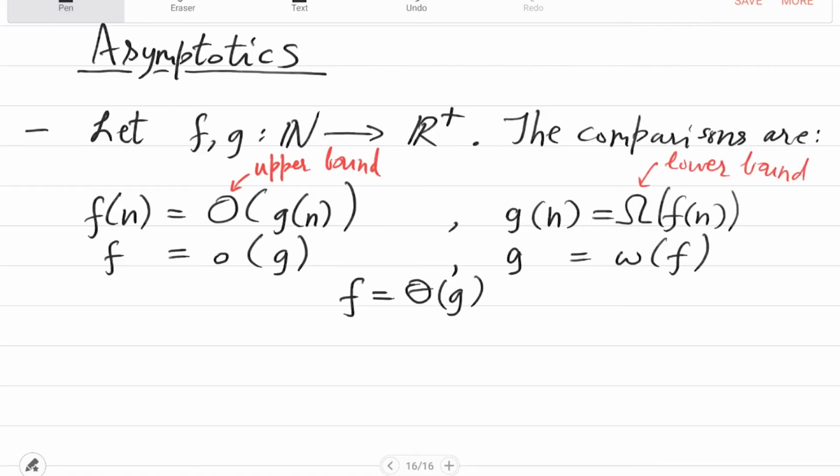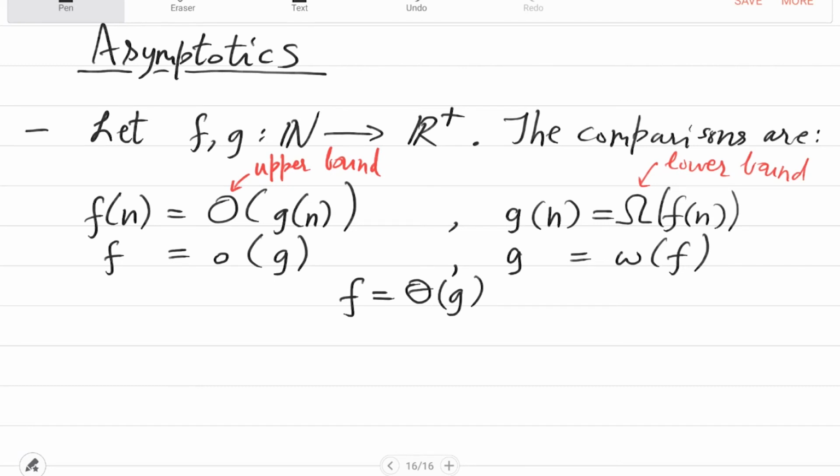So g gives you both sides of f. Once n crosses a breaking point, f is at least c1 g and f is at most c2 g for absolute constants c1, c2. But this is not used so much.